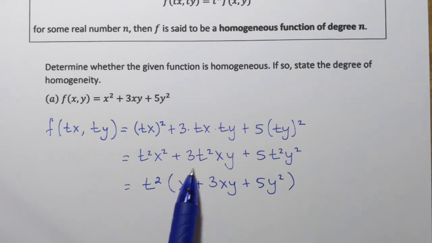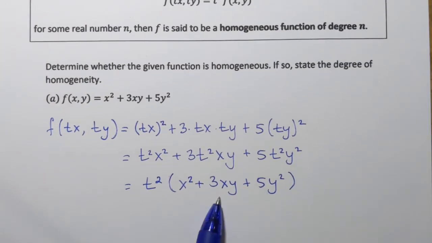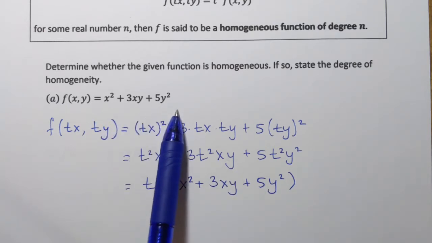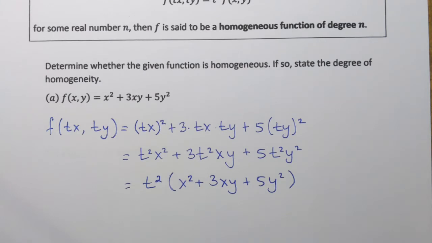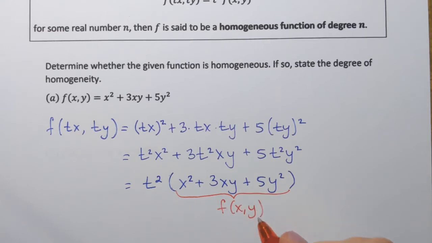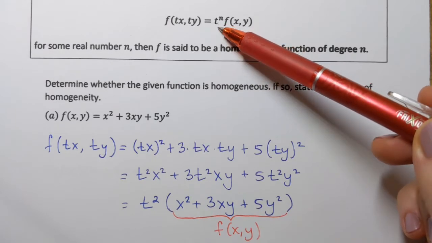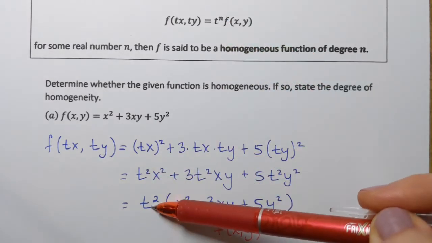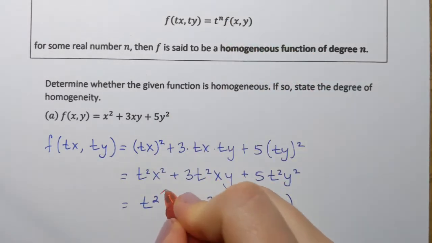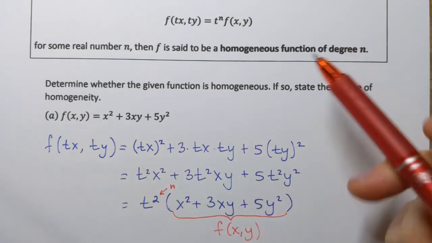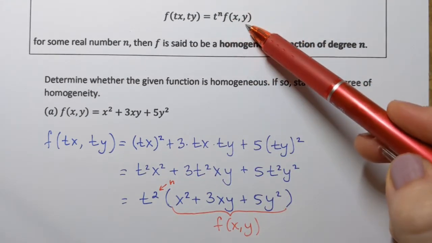And now I'm looking at this expression and I want to compare it with the original function. As I can see, it's exactly the same as my original given function, right? So that's f of x, y. And now I'll see how I got this form. So t to some kind of power, in this case it's t squared, so n is 2, times f of x, y.